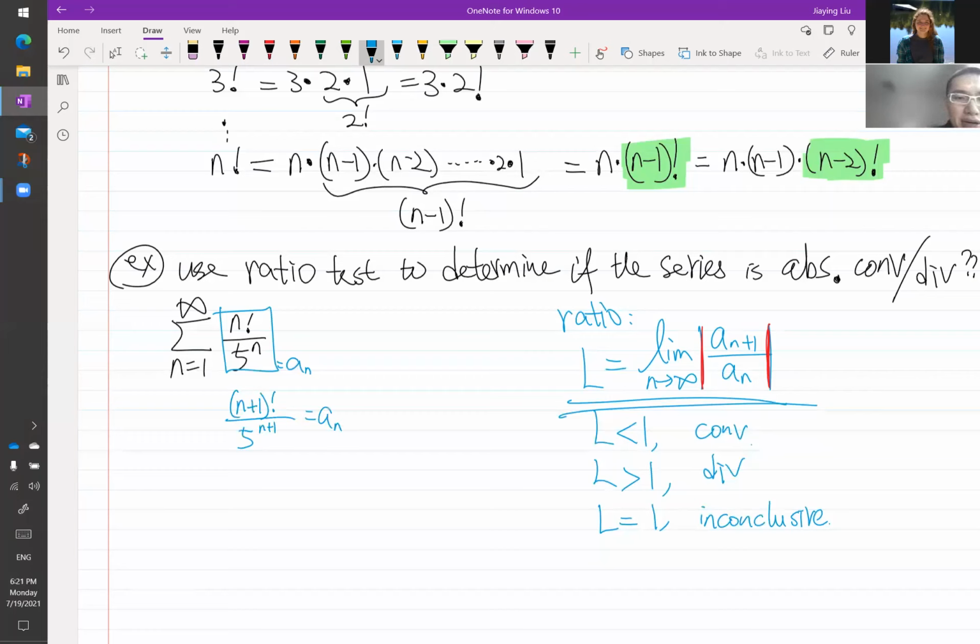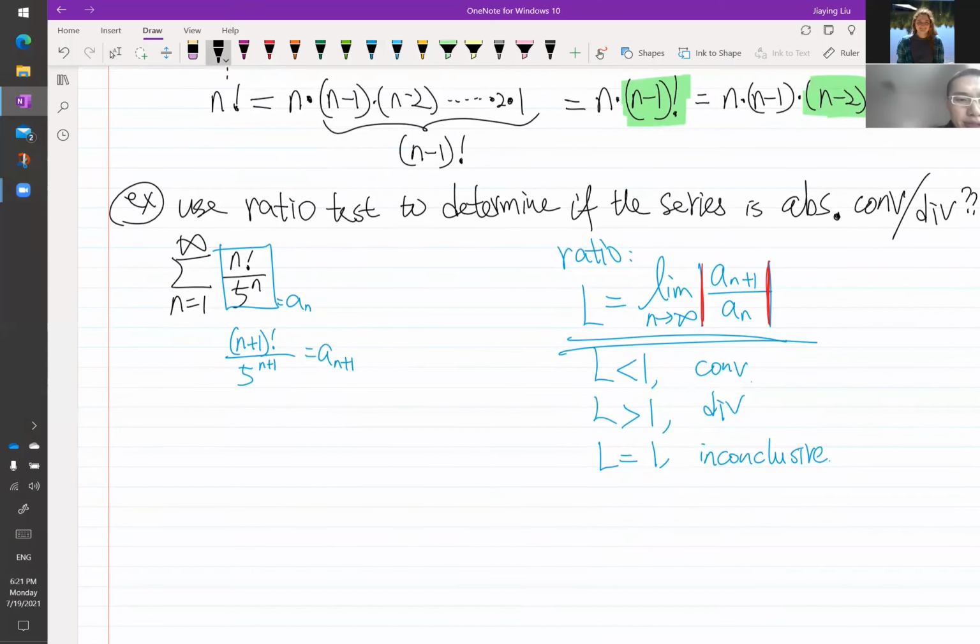So this is a_(n+1). Then I'm just going to define L. L will be the limit as n goes to infinity of the absolute value of a_(n+1), that's (n+1) factorial divided by 5 to the n+1, all divided by a_n, which is n factorial divided by 5 to the n.